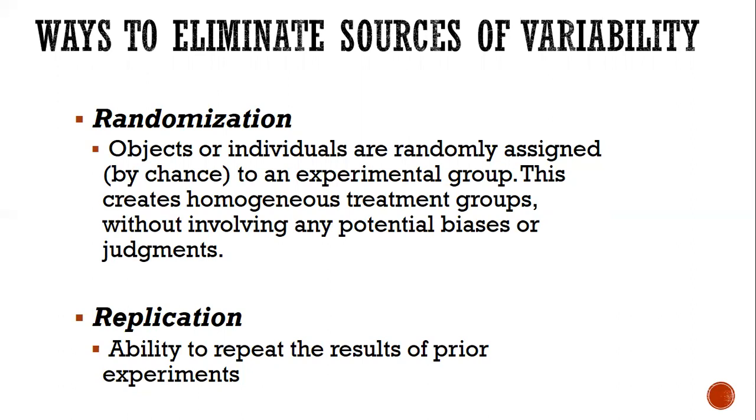Replication is probably the most important. What that means is that I here at LA University do an experiment, which I then pass off to Stanford that does the experiment, which then passes it off to the University of Iowa that does the experiment. If we all get similar results, if other people can replicate the treatment and the experimental data that I've created, then we know that it's most likely my independent variable is causing the change that I see in my dependent variable.